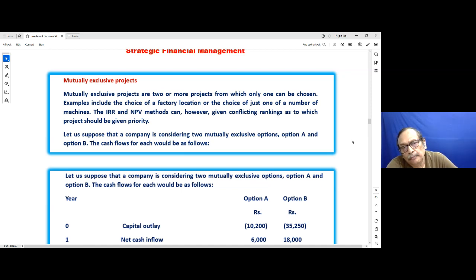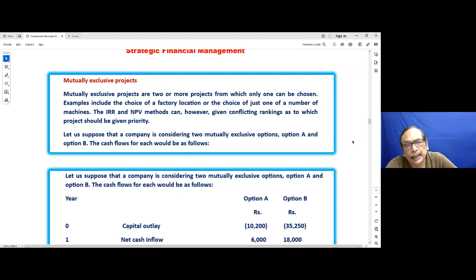So mutually exclusive projects are two or more projects from which only one can be chosen. Examples include the choice of a factory location or the choice of just one of a number of machines. The IRR and NPV methods can, however, give conflicting rankings as to which project should be given priority.